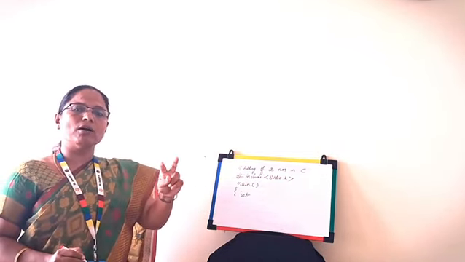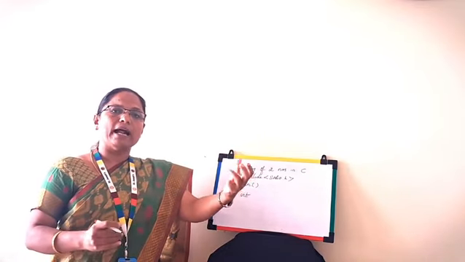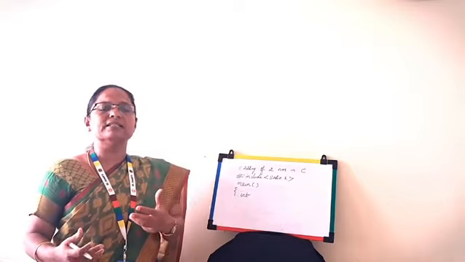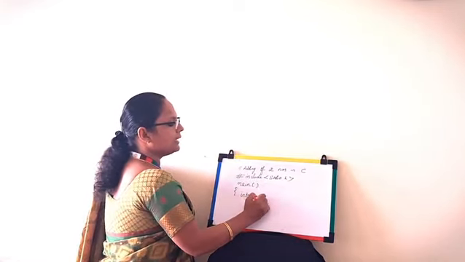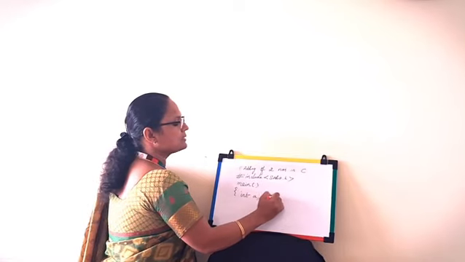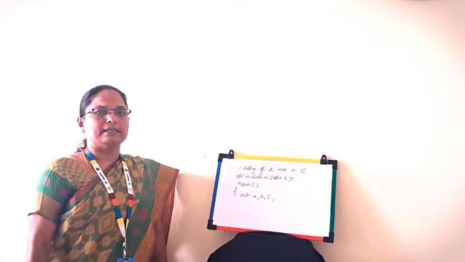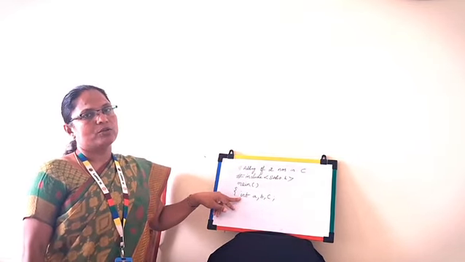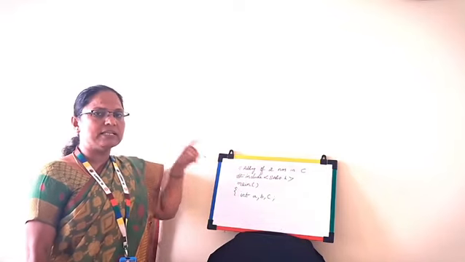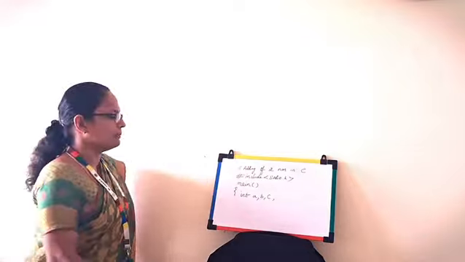Two variables for assigning two values, and the third variable for adding those two values and assigning the sum to that third variable. So we have int a, b, c. Three variables we have declared here. This is nothing but our declaration section inside main.